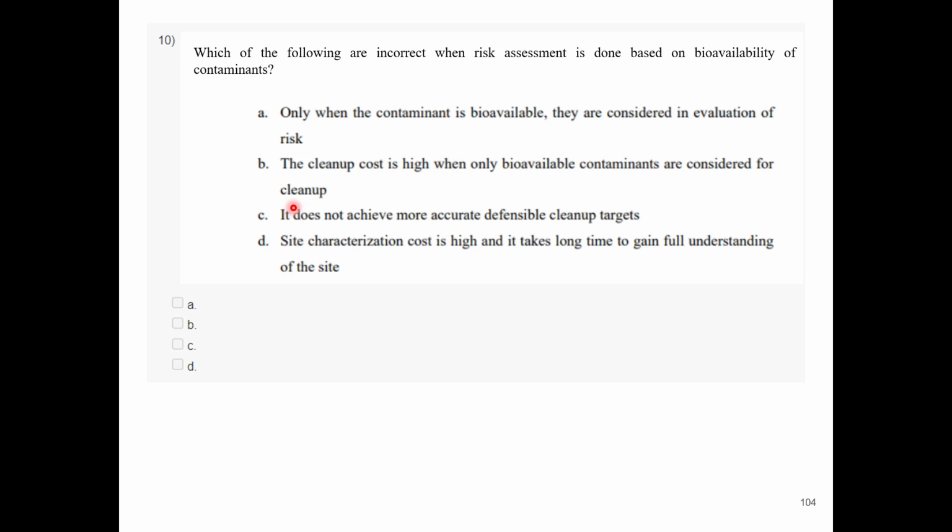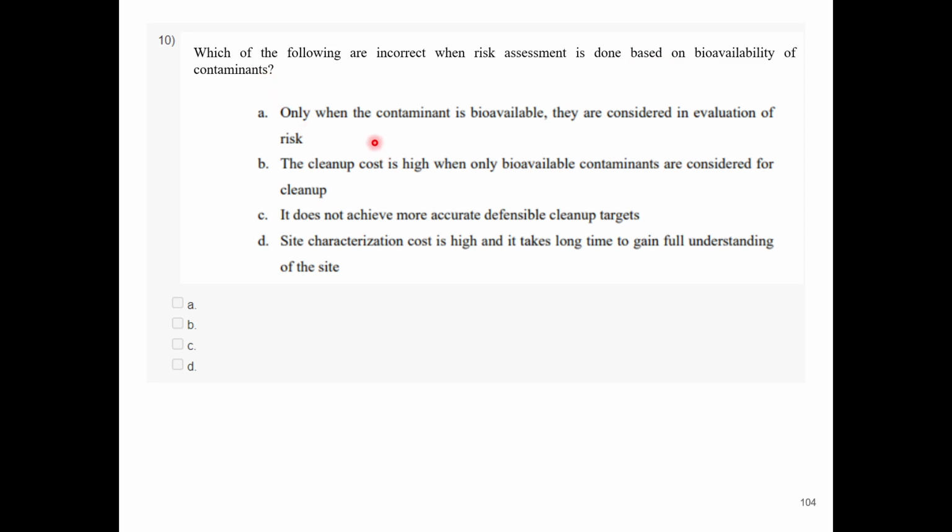C, it does not achieve more accurate defensible cleanup targets. Or D, site characterization cost is high and it takes long time to gain full understanding of the site.